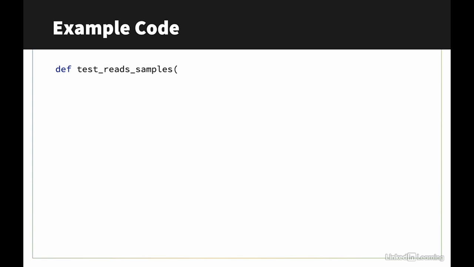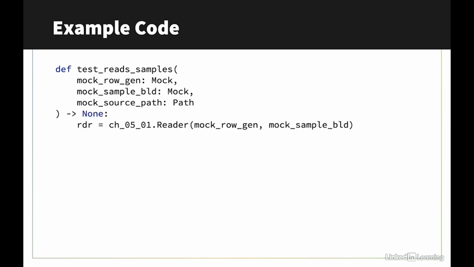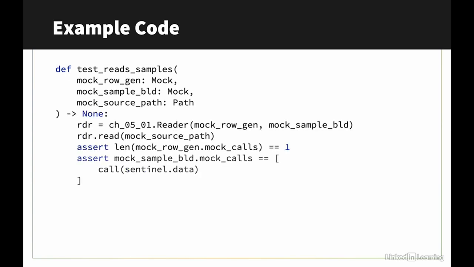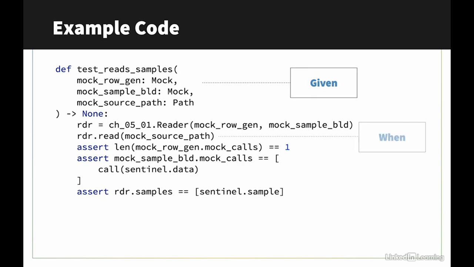Here's a test case using the PyTest framework with some annotations to show how we turned the Gherkin given, when, and then concepts into actual test code. The given clause became some mock objects to provide the initial state. The when statement became a method invocation, and the then statement became a series of assertions to determine if indeed the test was passed.